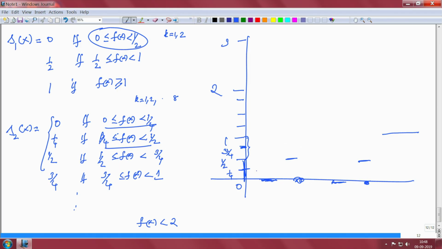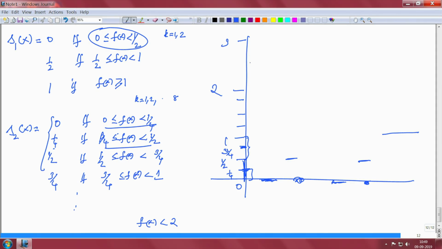In the first step, if f is between 0 and 1/4, then the simple function is 0, but if f is between 1/4 and half, then we take the lower end point 1/4. Remember, in the first case, between 0 and half the simple function was 0. In the next case it may go up, but it is either 0 or slightly more than 0.